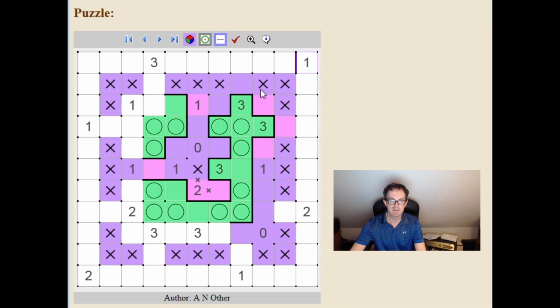It should be clear it's not possible because one of these squares will be purple, and therefore the only way this green area connects to this green area is going to have to be by coming down the grid. Beautiful, beautiful puzzle setting. So those lines there are forced.